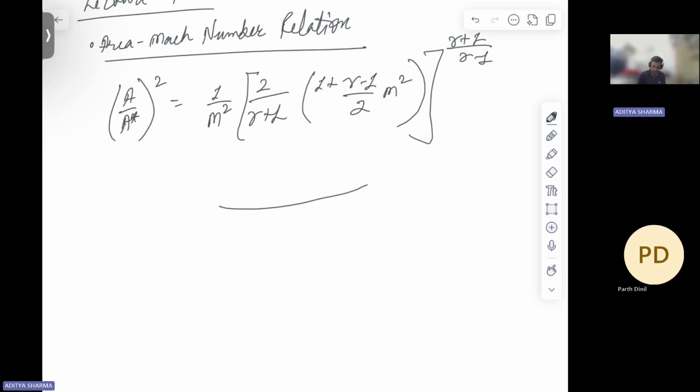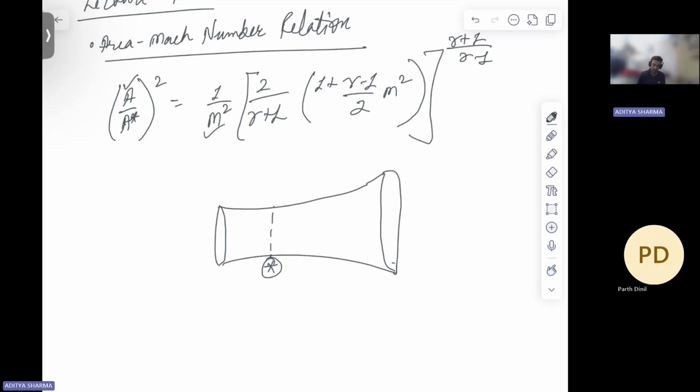This relation basically says that if you have a duct, the minimum area is your throat. Then you take whatever cross section comes to your mind in this tube.